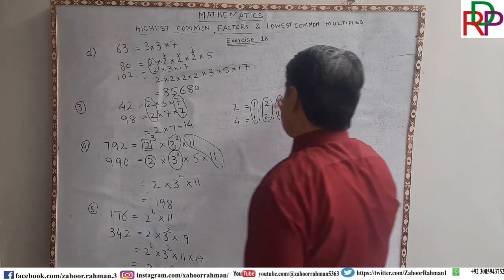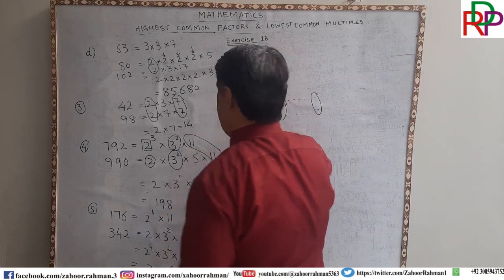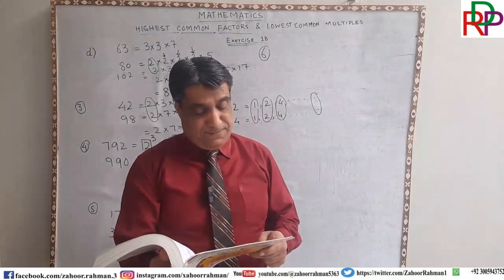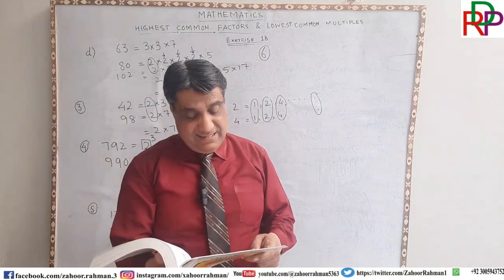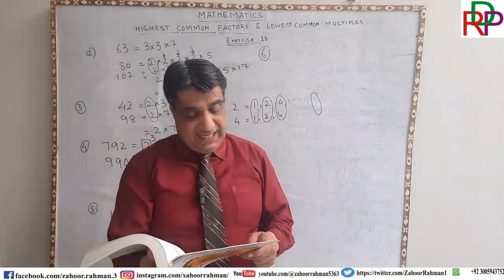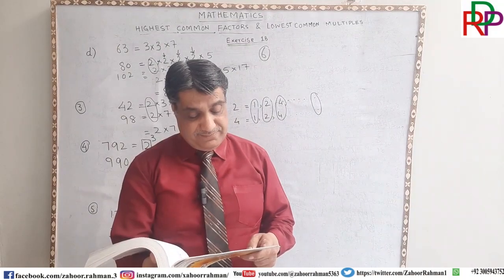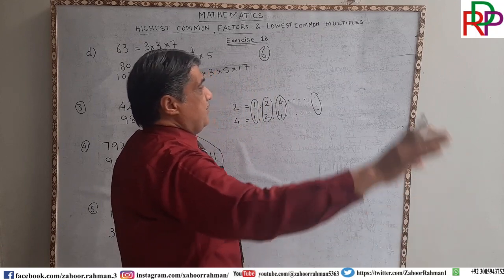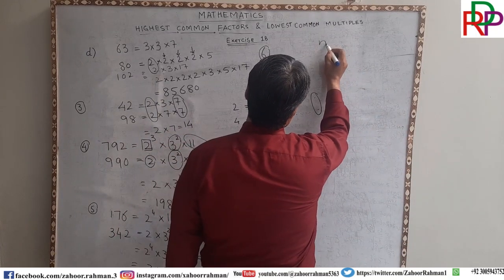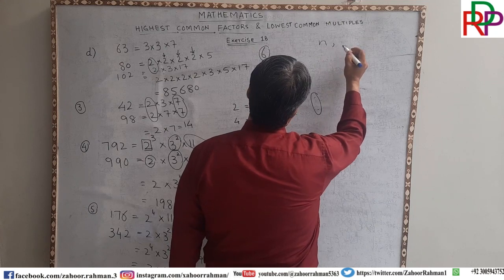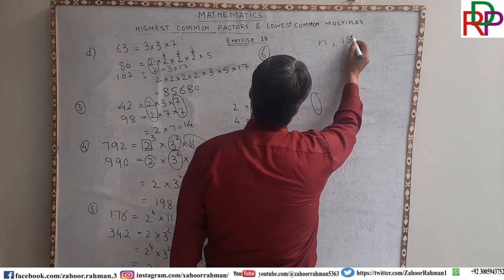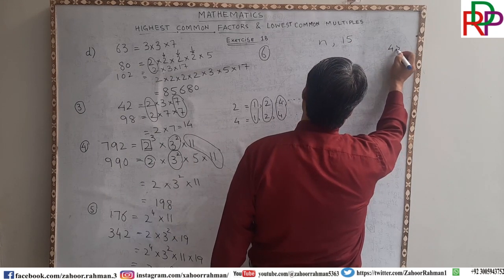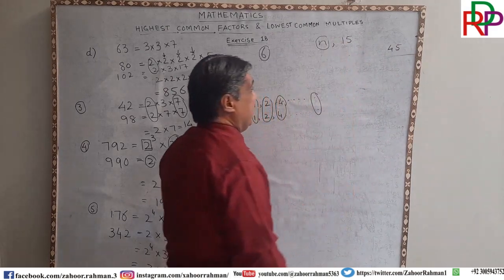Question number 6 is a very important question, and it says: find the smallest value of n such that the LCM of n and 15 is 45. We will find the value, but first let me give you a concept. n and 15, and the LCM is 45. We have to find the value of n.